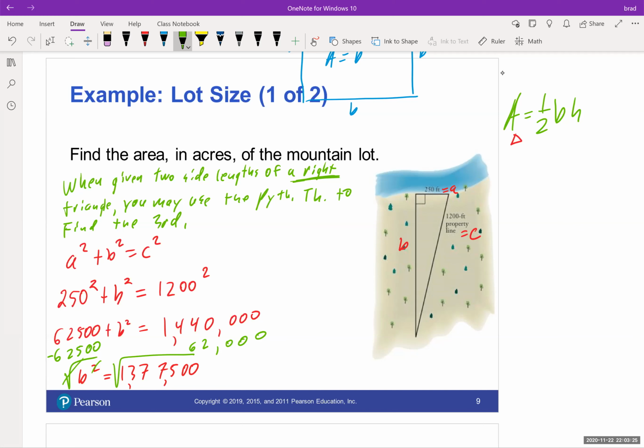Okay, so now I just have to do second function square root, second function answer on my calculator. And I get an approximate value for b. B is equal to 1,173. Let me see how many decimal places your book wants.